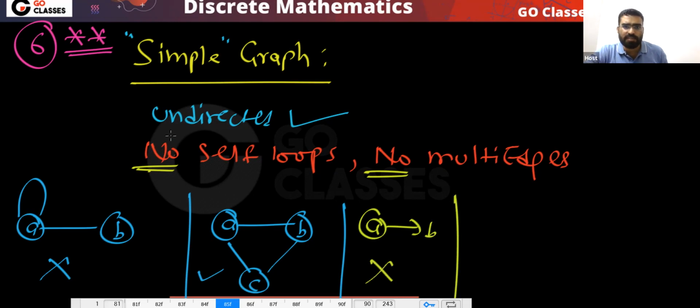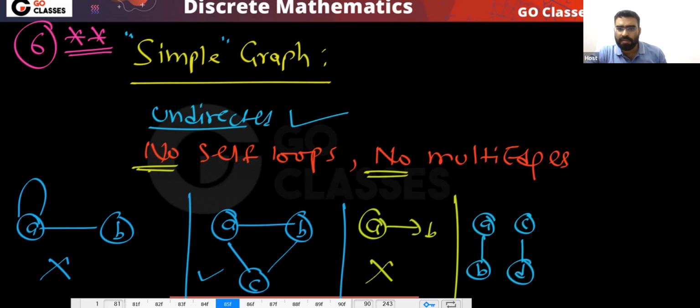No, this is not. A simple graph is undirected, without self loops and without multi edges. A, B, C, D: is this graph simple? Yes, this is also simple because there are no self loops, no multi edges, and it is undirected. This is the important definition.